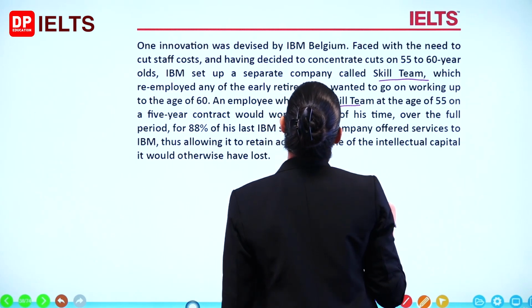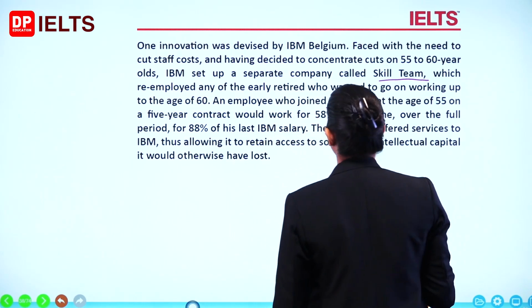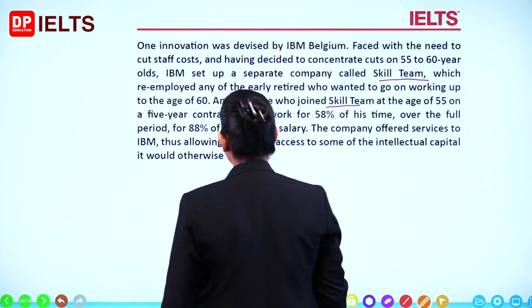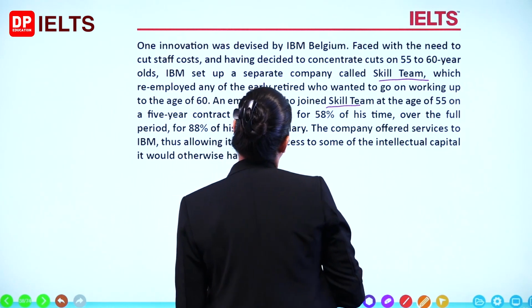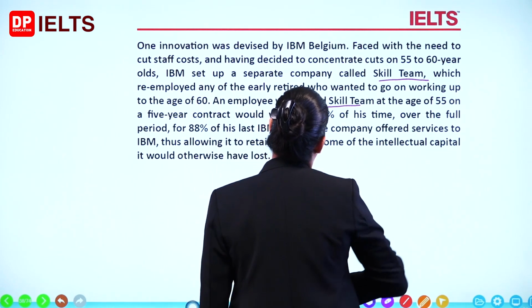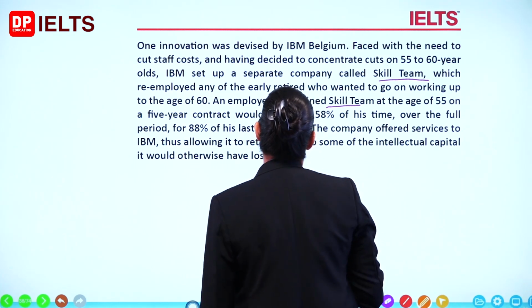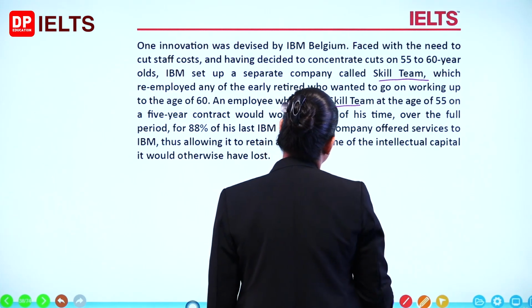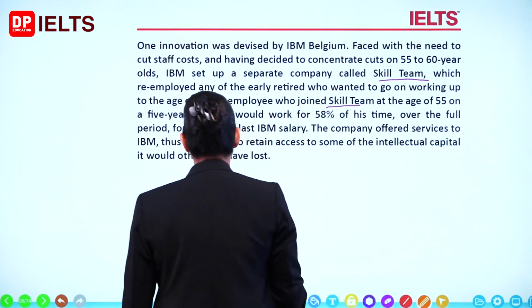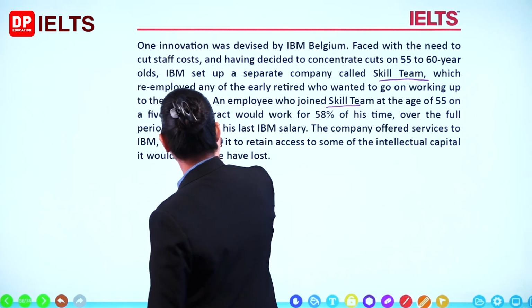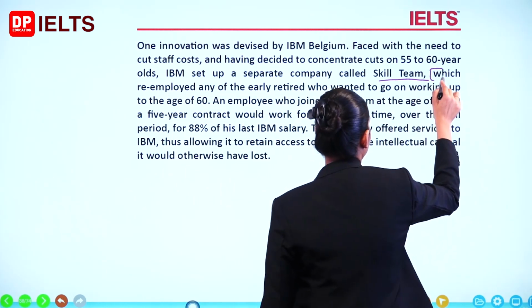devised by IBM Belgium. Faced with the need to cut staff costs and having decided to concentrate cuts on 55 to 60-year-olds, IBM set up a separate company called Skill Team. What is that team? It defines it.